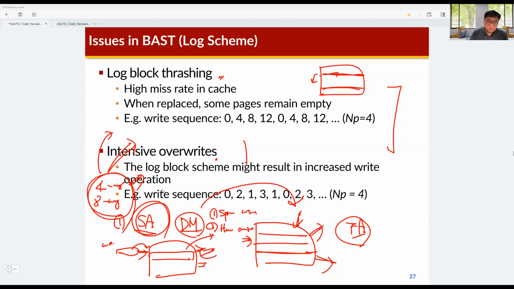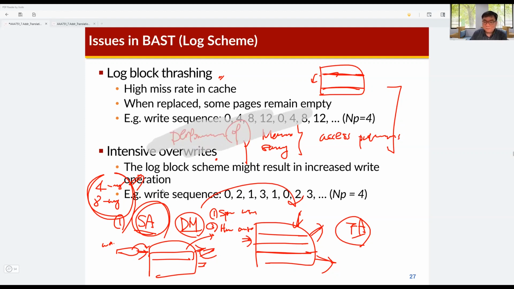Because the accesses to this set associative cache are usually random, we can apply the multi-way set associative cache, and the performance is nearly similar to the fully associative cache. So usually the performance of memory or storage depends on the access patterns.